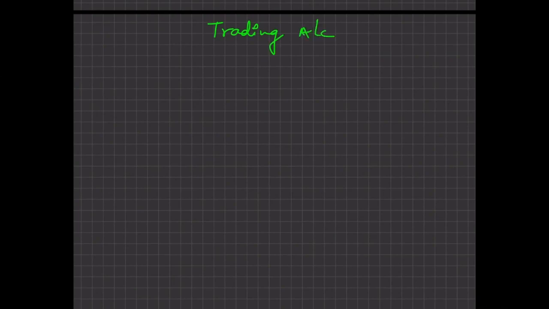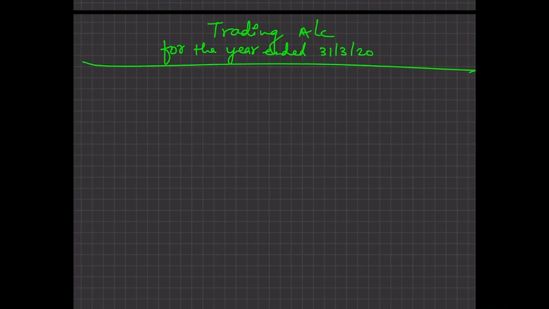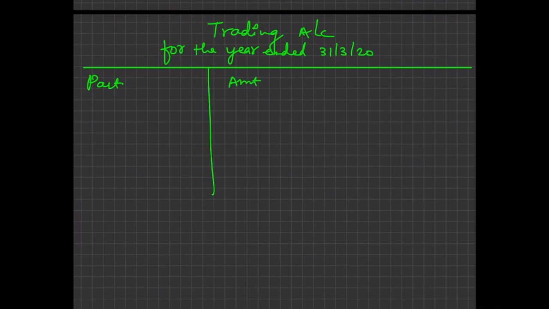Then we need our trading account for the year ended 31st of March 2020, where you will have particulars, amount, and then particulars, amount.